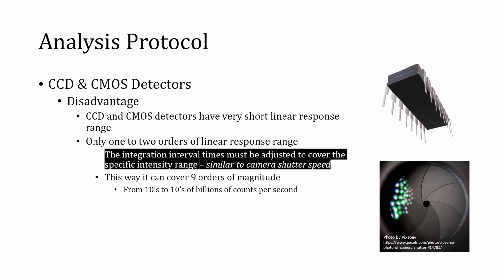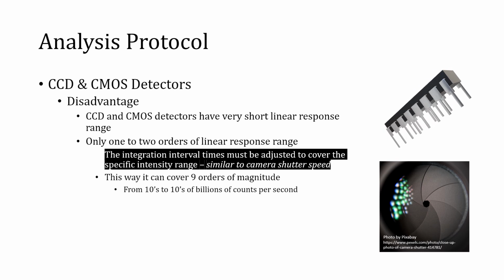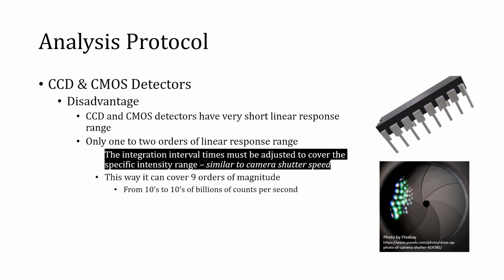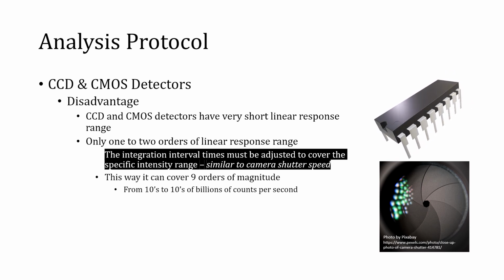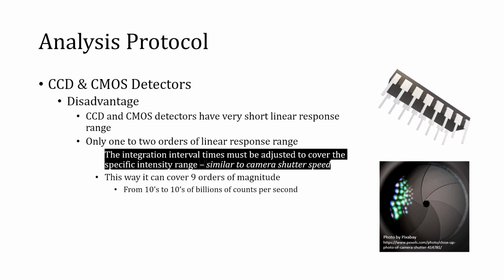The integration interval times must be adjusted to cover the specific intensity range, similar to a camera shutter speed setting. This way we can cover 9 orders of magnitude, from tens of counts per second up to tens of billions of counts per second.